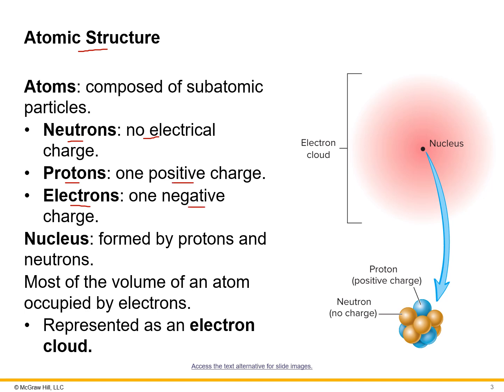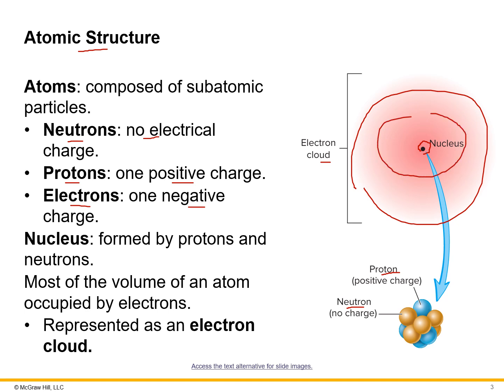As far as where they're found, we think about an atom as having an area that it takes up, with the nucleus being in the middle. That nucleus contains the positively charged protons and the neutral neutrons. Surrounding that area, there's an electron cloud, which is where all of the electrons orbit around. So the nucleus is kind of our sun, and the electrons would be our planets.